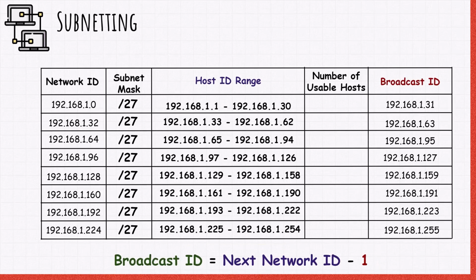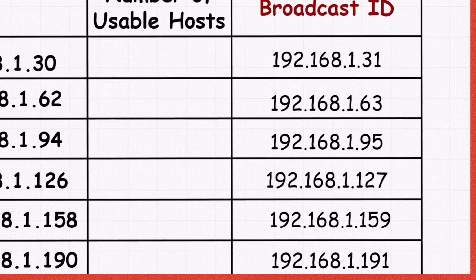For example, if we are taking a look at the 3rd subnet, which has the network ID of 192.168.1.64, its broadcast ID would be the next network's ID, which is the 4th one, with the ID of 192.168.1.96 minus 1, and that results in the 3rd subnet's broadcast ID being 192.168.1.95.